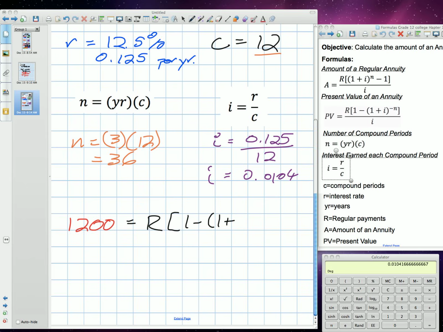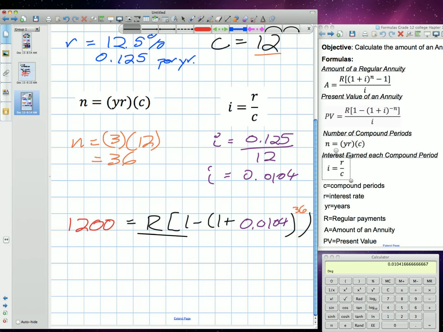And he's being compounded over the course of 3 years every month, which means 36 times he's charged interest. It's a high interest rate, but monthly compound periods are very common for student loans, very common for any type of loan you're taking out of a bank. Interest rate's a bit high. And again, we're dividing by that same interest rate, our I value, which was 0.0104.